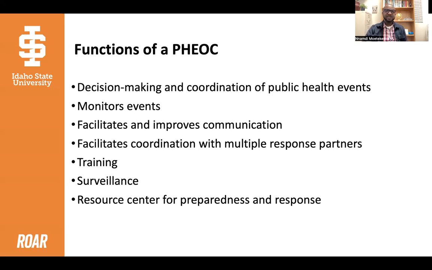And the Public Health Emergency Operations Center also facilitates and improves communication between public health and emergency management stakeholders. It facilitates coordination with multiple response partners and conducts trainings and simulation exercises and carries out routine and event-based surveillance activities and serves as a resource center for preparedness and response activities.